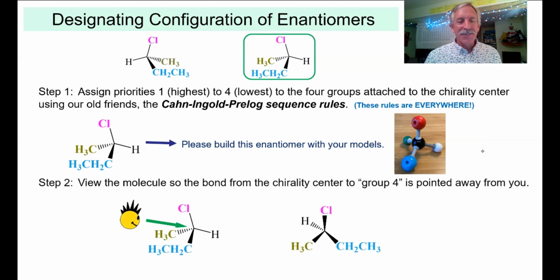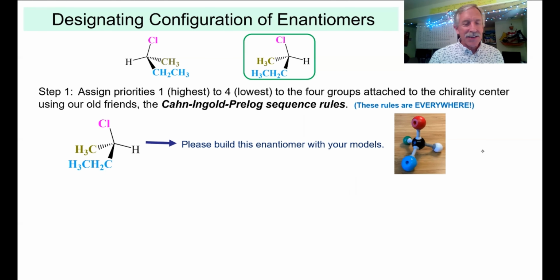And what we want to do is start prioritizing them. Let's prioritize them based on the 4 groups and the 3 dead chemist rules. So what I see here is a chloride. This is definitely the highest priority out of all 4 groups hanging off. And the lowest one is the hydrogen. It is the smallest atomic number I have.